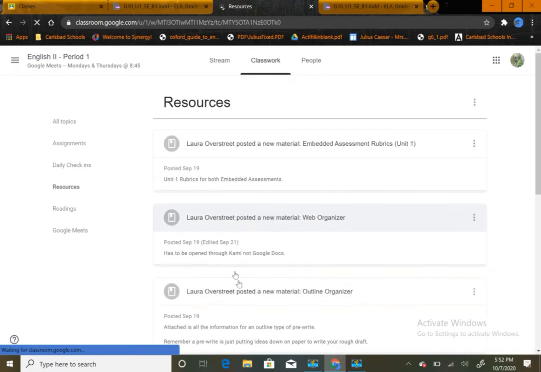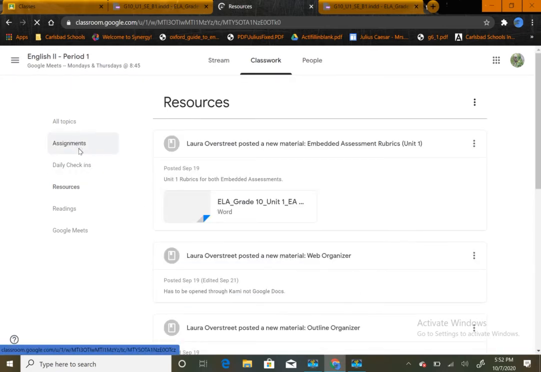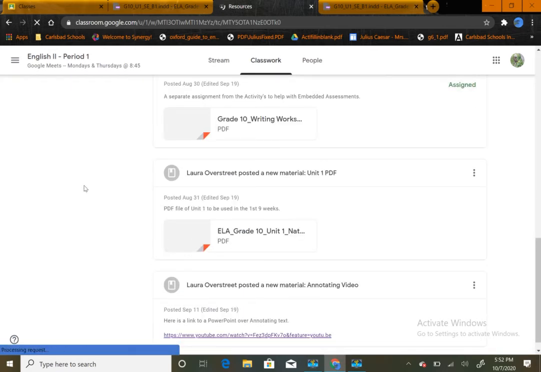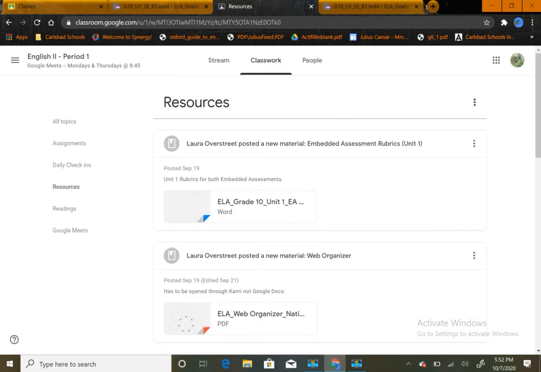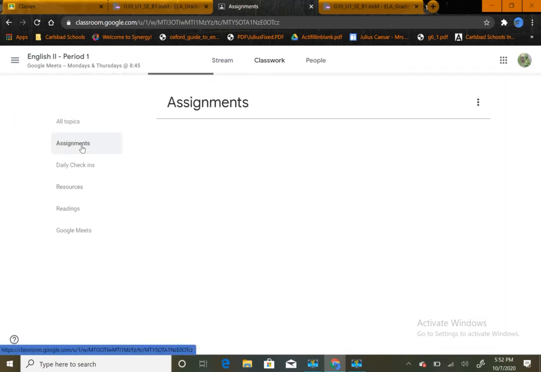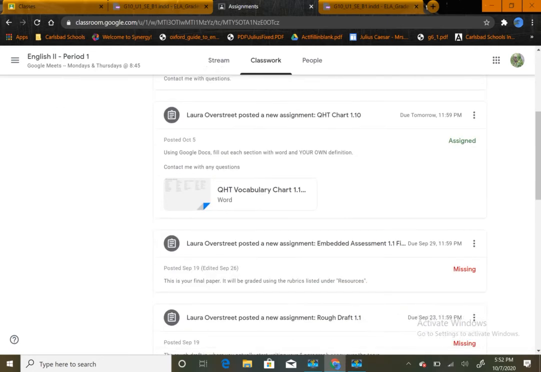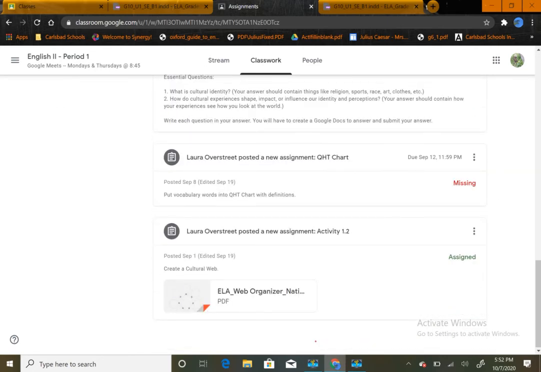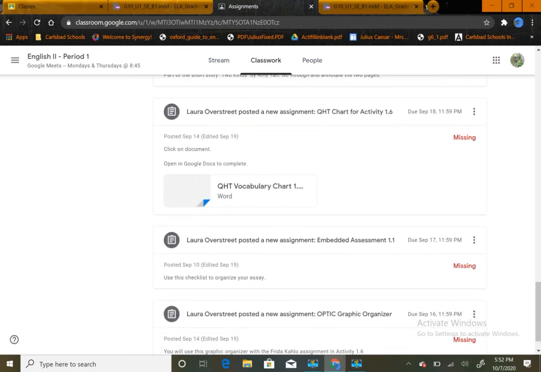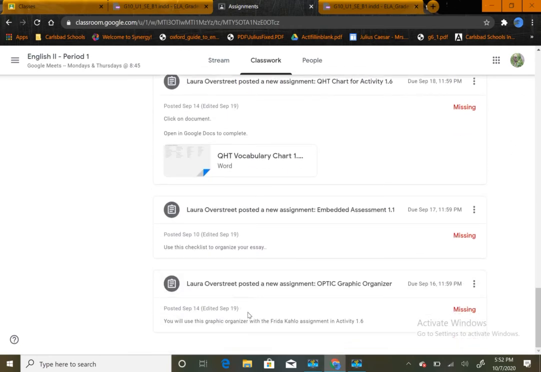So then, because I finished that and I had assigned it as a document for everyone, it should still be there. Graphic Organizer.